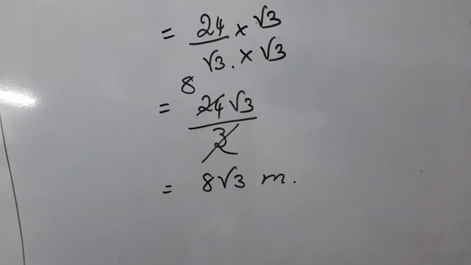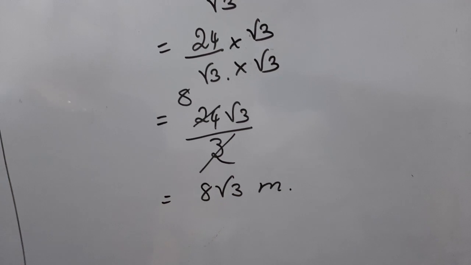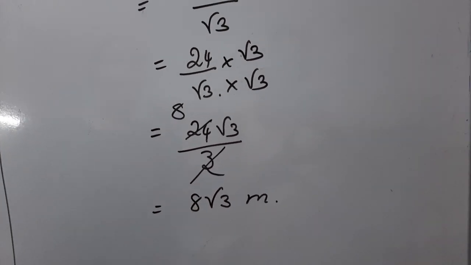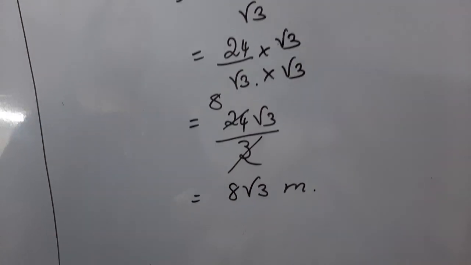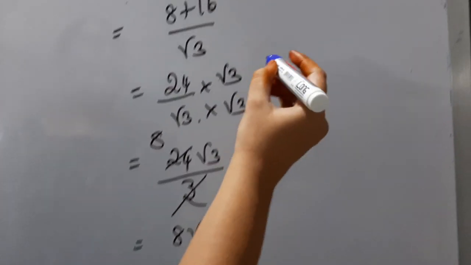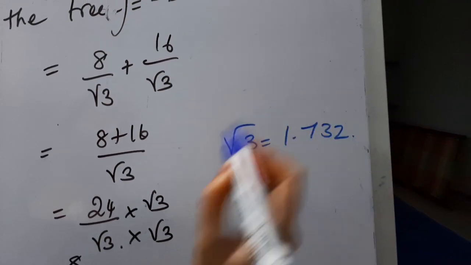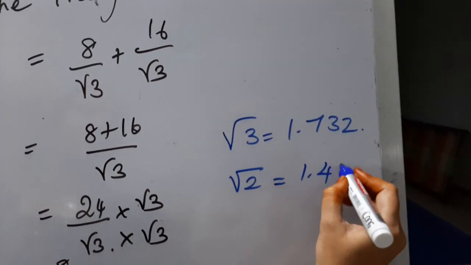In this particular chapter, we will not leave any answer with the root 3 in the denominator. Even in your book, it is given like that. But when it comes to board examination, half a mark is given for converting this root 3 into decimal. So here is an important point. Note down, the value of root 3 is 1.732. The value of root 2 is 1.414.